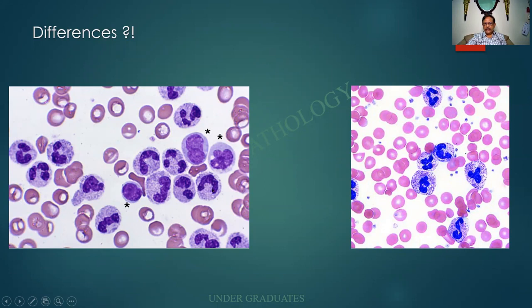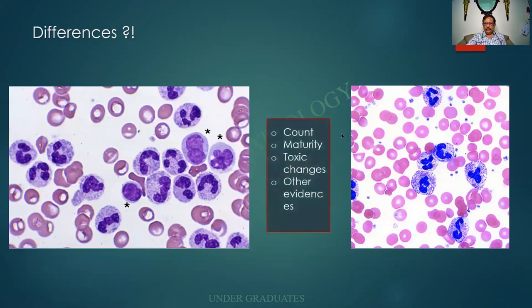A metamyelocyte, the constrictions are not yet developed for this to become a mature segmented neutrophil. So I find immature cells as well, marked increase in the number, toxic changes as well. So you'll have to concentrate on the count, the maturity, toxic changes, and any other evidence.